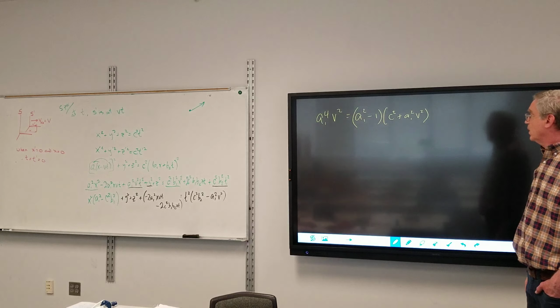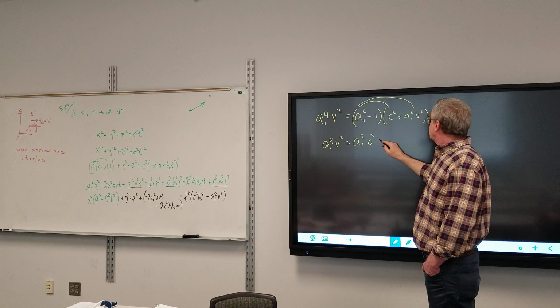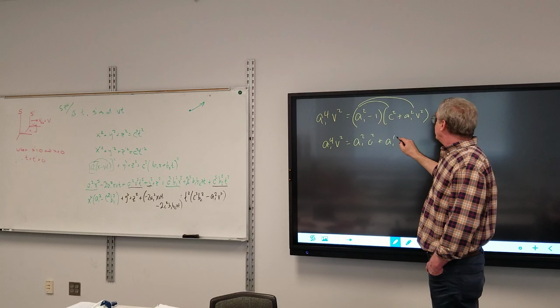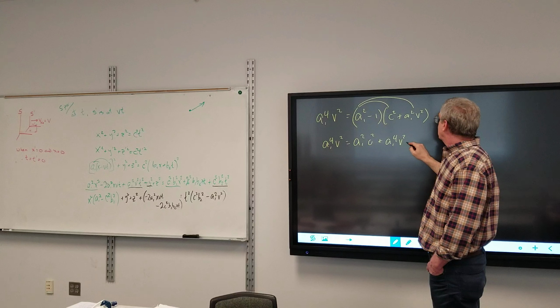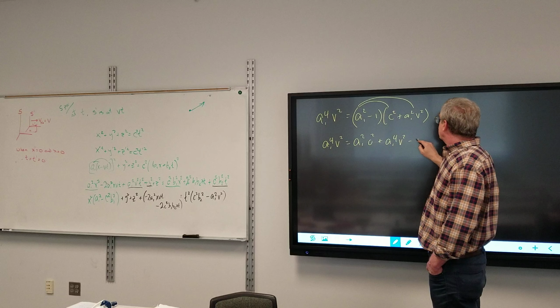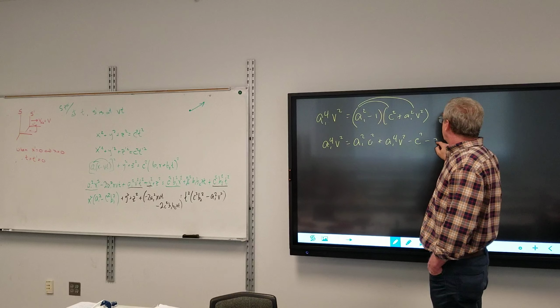FOIL. So a1 to the fourth v squared is equal to a1 squared c squared plus a1 to the fourth v squared minus c squared minus a1 squared v squared.